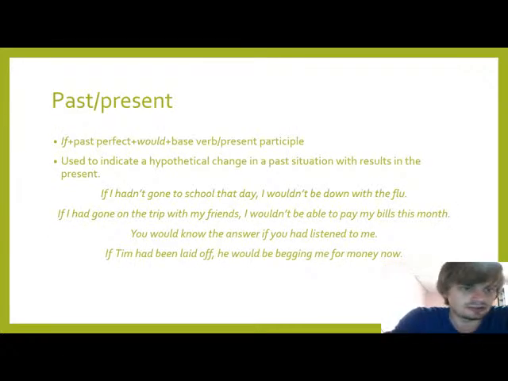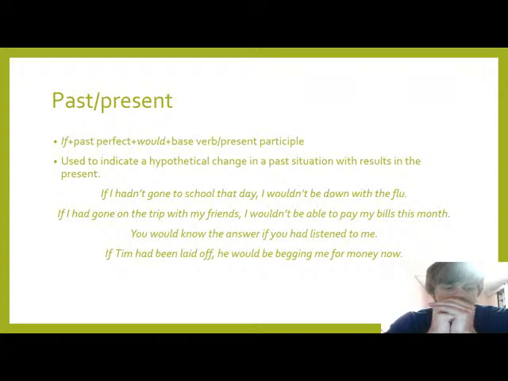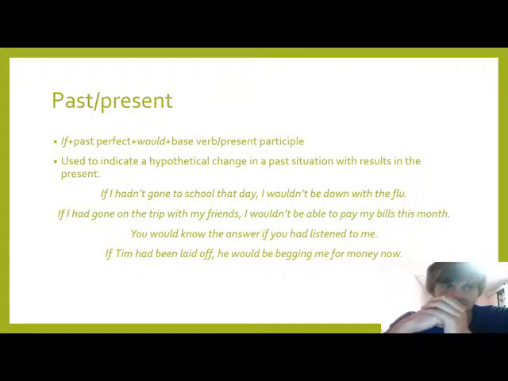Like I said in the previous video, the first we're going to look into is the past condition with a present result. It is constructed with an if, then follows the subject, then the past perfect verb form, the auxiliary verb would, the base verb, and then the present participle.